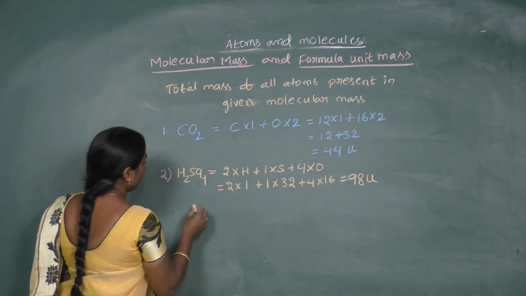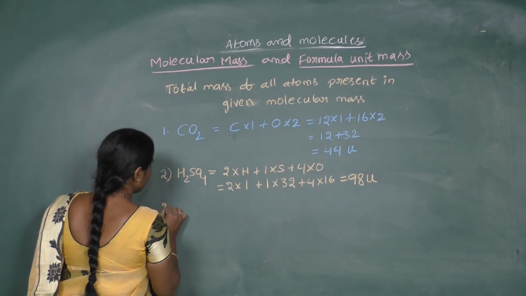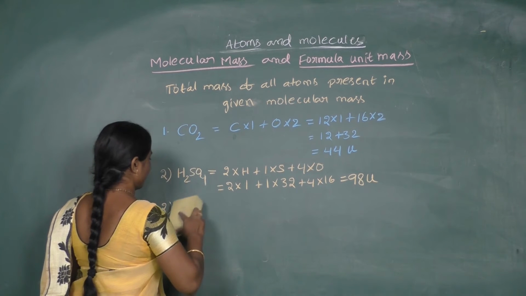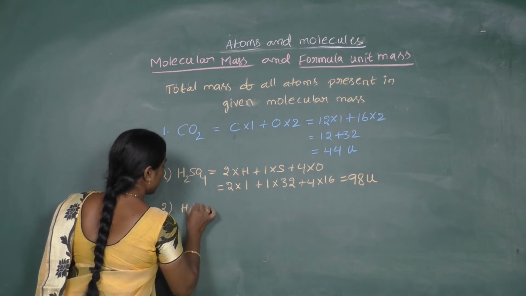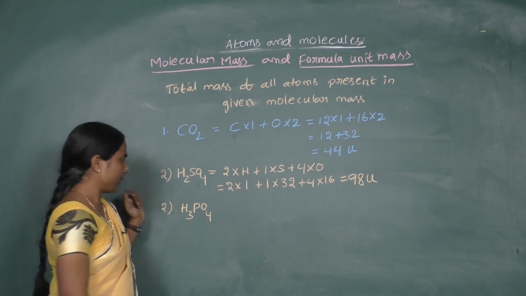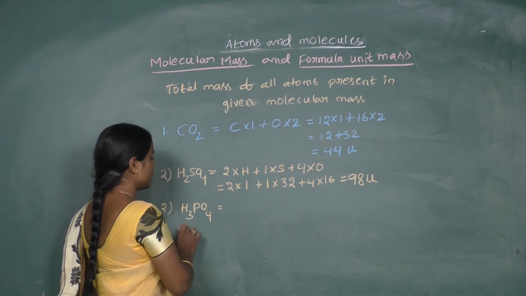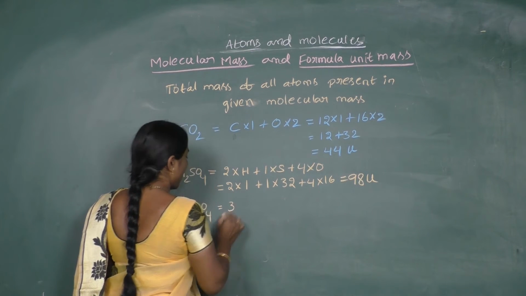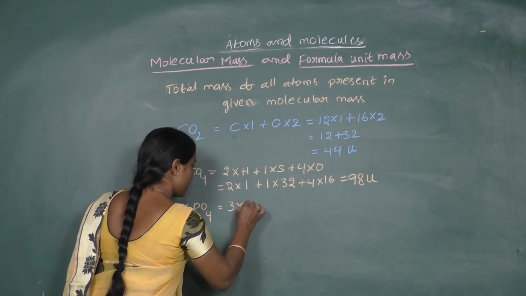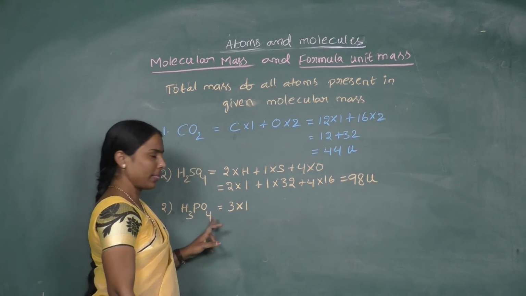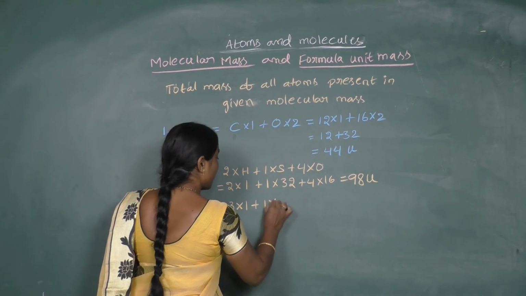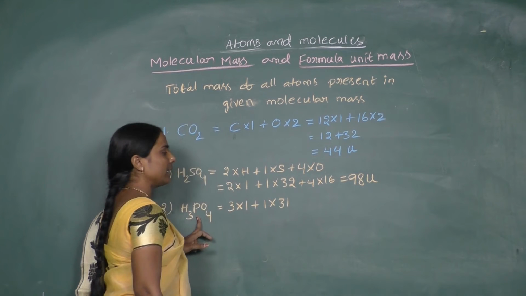Similarly, I am taking H3PO4, which is called phosphoric acid. What are the atoms present here? Three atoms of hydrogen. This time I am putting the number directly: 3 into 1, hydrogen atomic weight 1, plus one atom of phosphorus, whose atomic weight is 31.